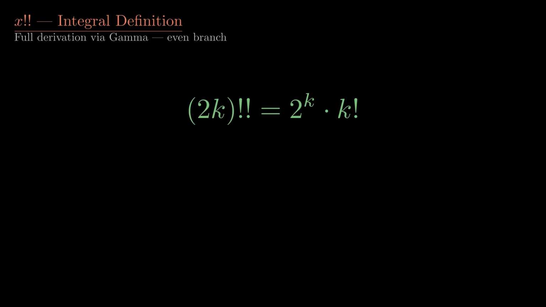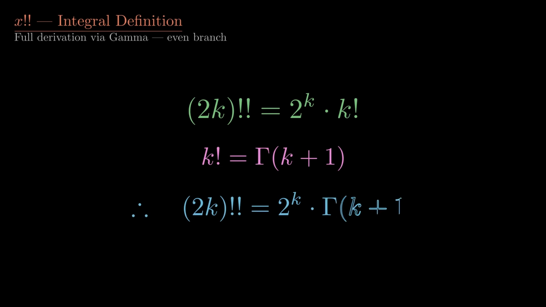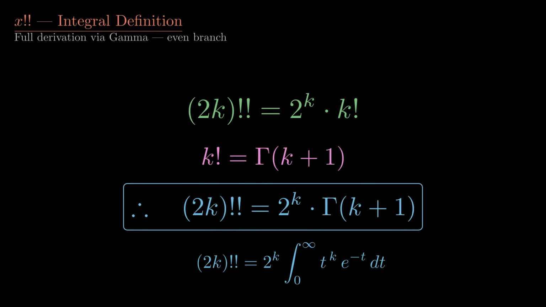Since k factorial is just gamma of k plus 1, we can substitute our integral directly into the expression. This gives us 2k double factorial equals 2 to the k times the integral of t to the k times e to the negative t.